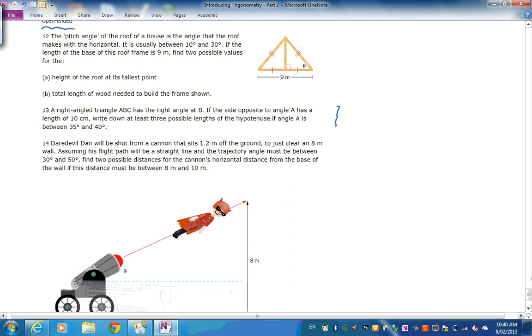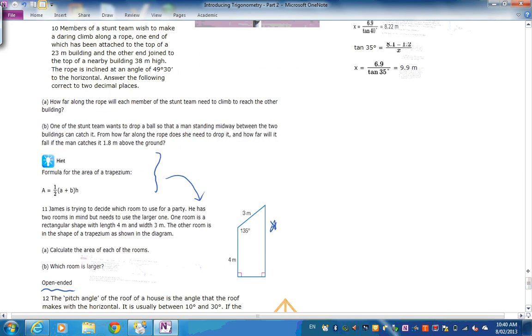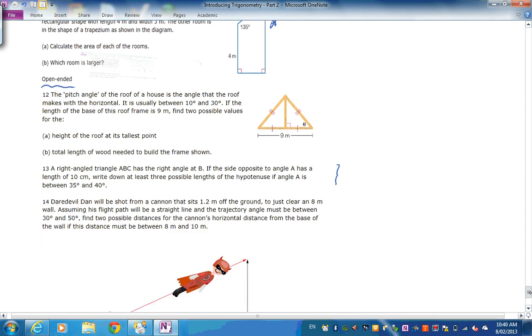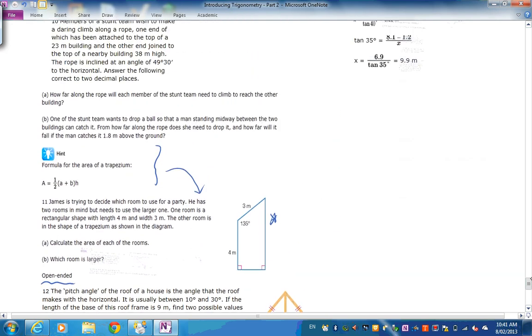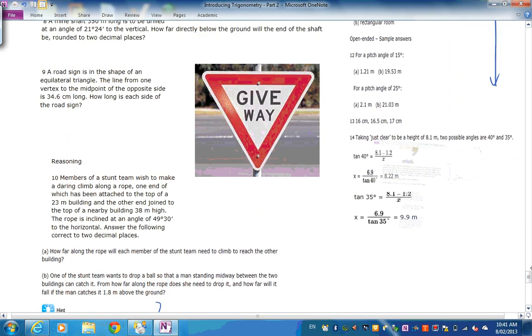You must always try to get a diagram, so I'll just finish that off. Okay, so there they are. So you might have a go at all 14. The last few, the open-ended ones, give other possibilities. Bit harder to think of, and you have to go through that with your teacher with the answers to this, because they've only got some answers here and there, and you might not be able to get those.